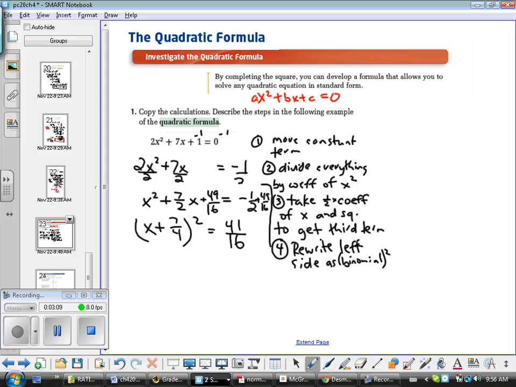The next step is to take plus or minus the square root of both sides. So I get x plus 7 over 4 equals plus or minus root 41 over 16.